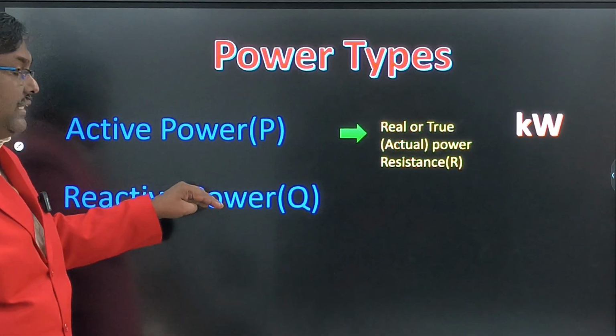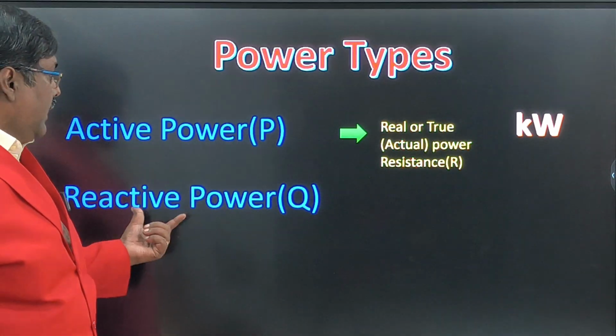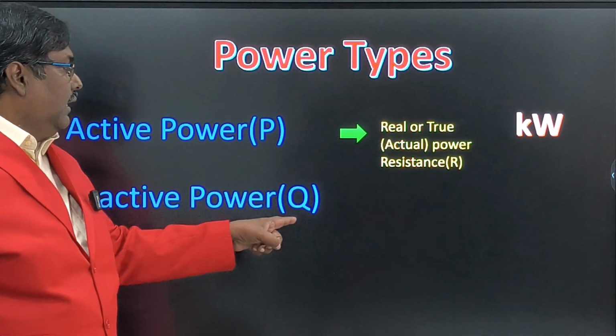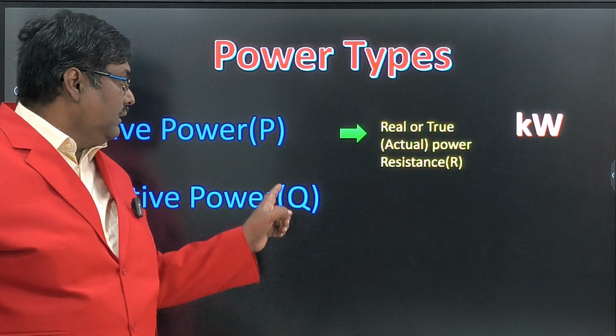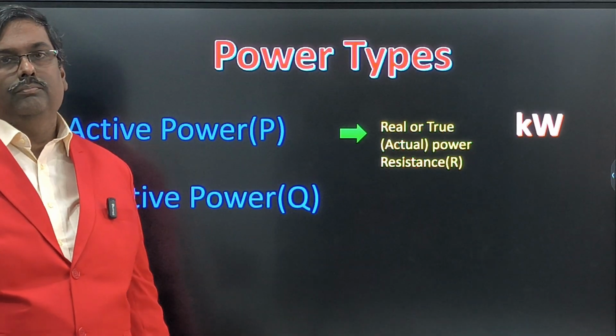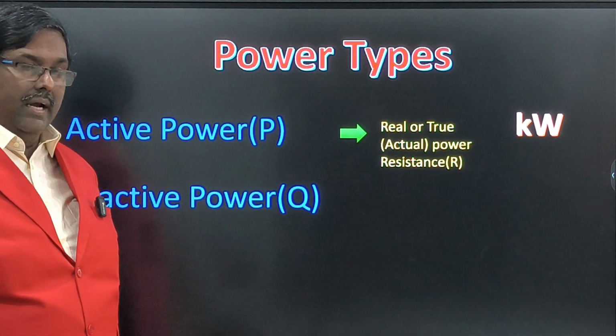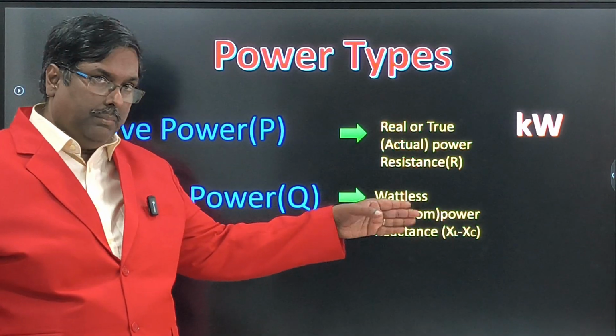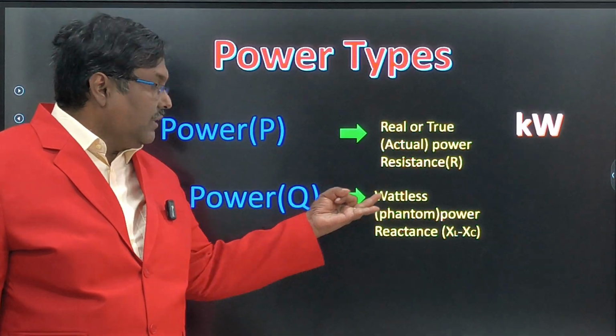The opposite direction of reactive power. Reactive power is returned back as power to the source. The letter used for mentioning this reactive power is Q. So P is active power, Q is reactive power, and other names of the reactive power are wattless power, phantom power.